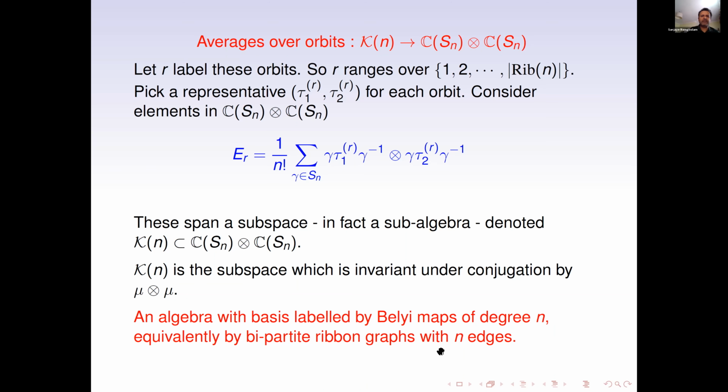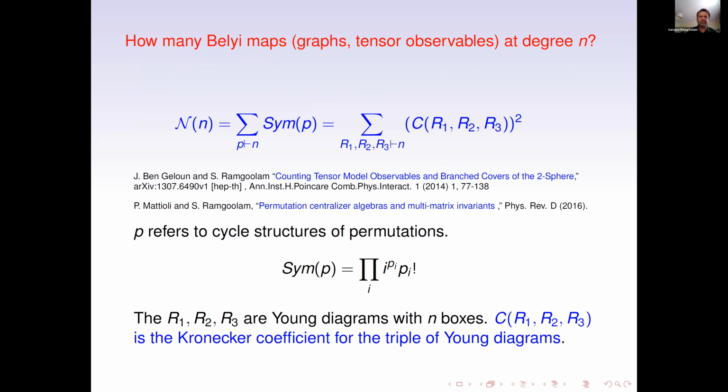So we have this K of n algebra. And what is the dimension of this algebra? There are some nice formulae. You can sum over partitions of n with a weight which is the symmetry factor of the partition.